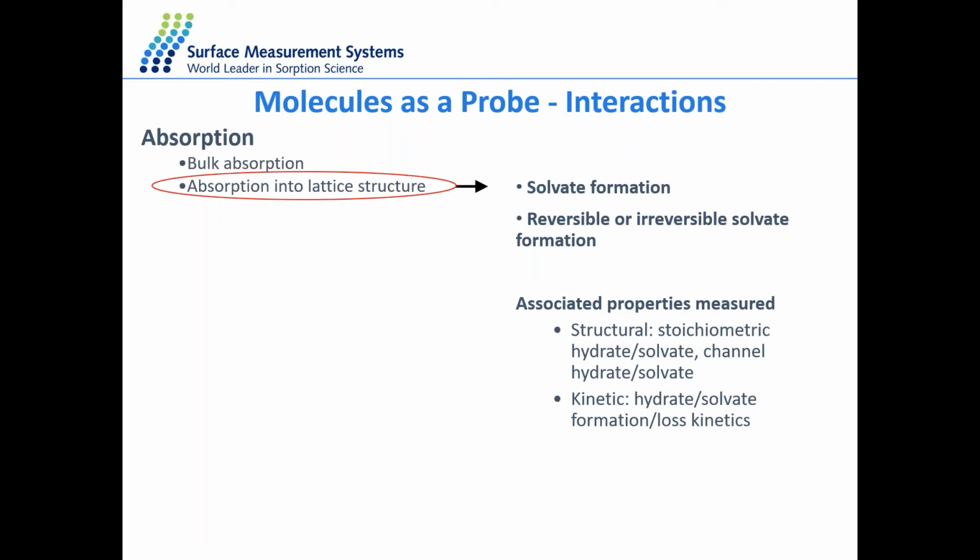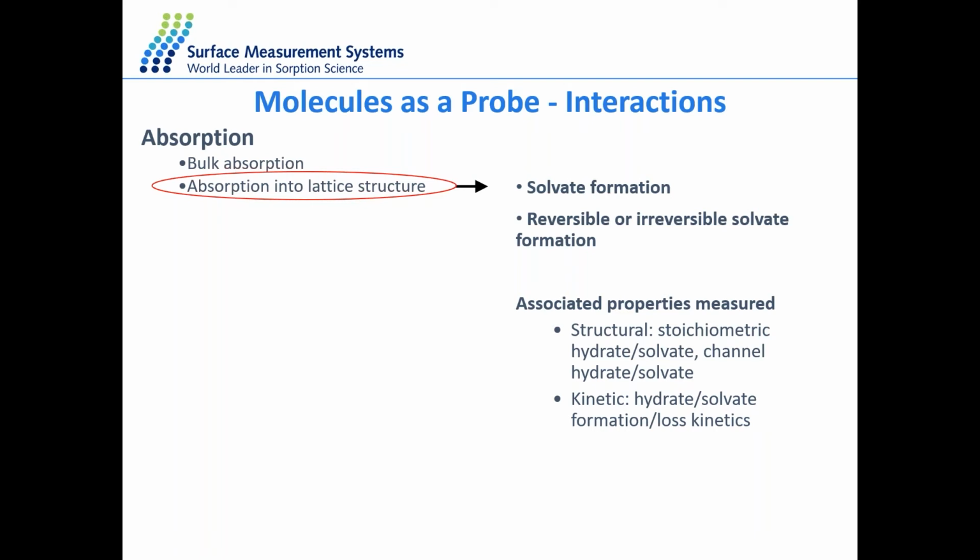The first one is stoichiometric or non-stoichiometric. A stoichiometric hydrate, for example, is defined by the fact that we can define exactly how many molecules are becoming part of the structure of our final product. So we can say it's a monohydrate, a dihydrate, a hexahydrate.